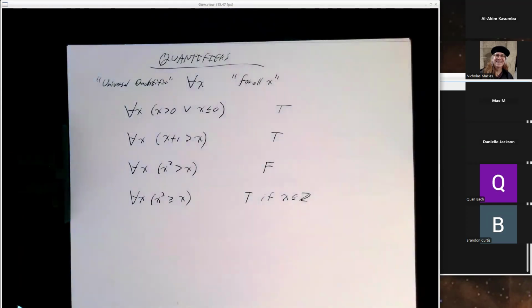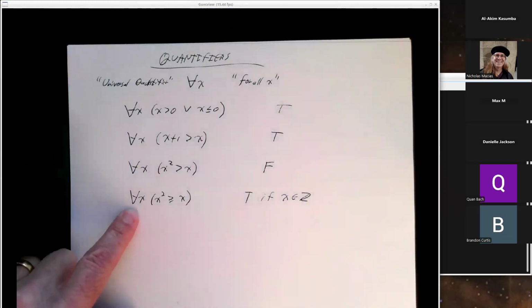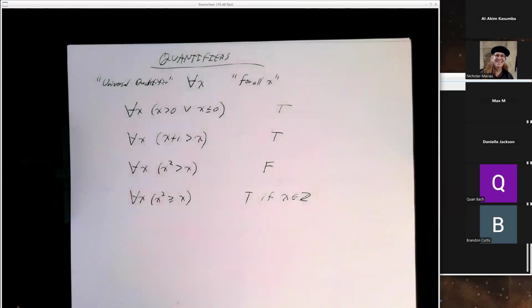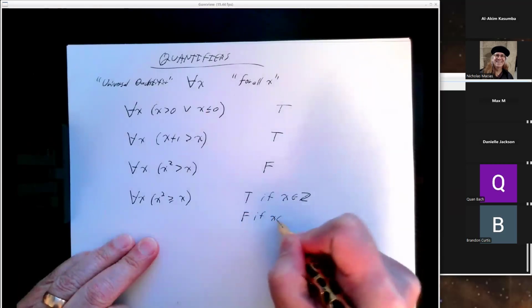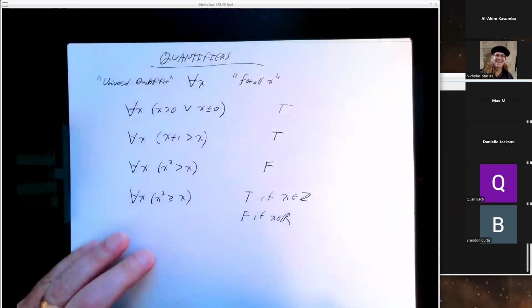If x is the number 1/2, 1/2 squared is 1/4, that's not bigger than x. So when we say for all x, we need to know what's the universe of x we can choose from. Because this statement is false if we're working over real numbers.